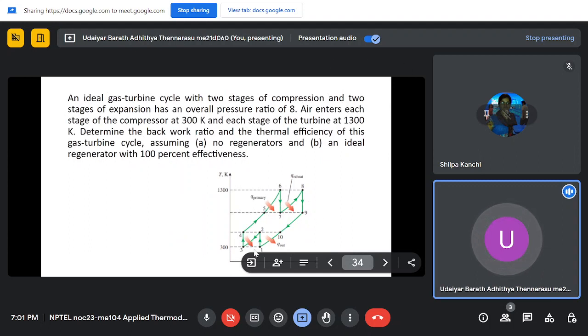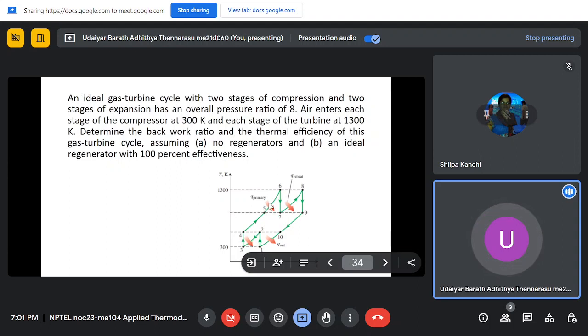Previously your initial heat provided to the cycle was H6 minus H4. Now your turbine exit is at 9 and you are putting a regenerator. So this regenerator is of 100% effectiveness.